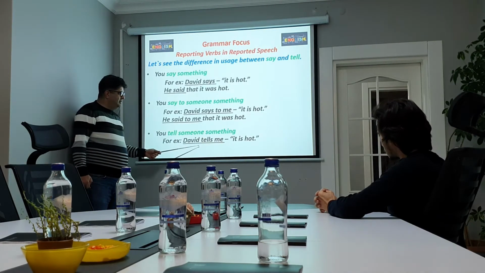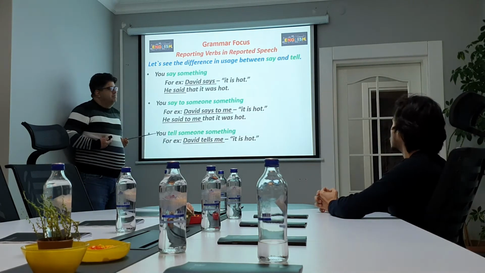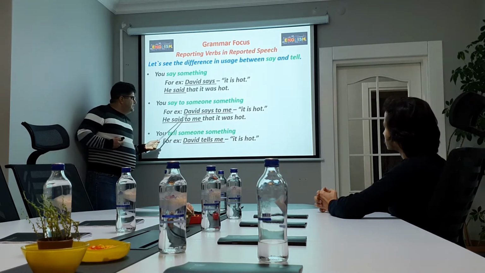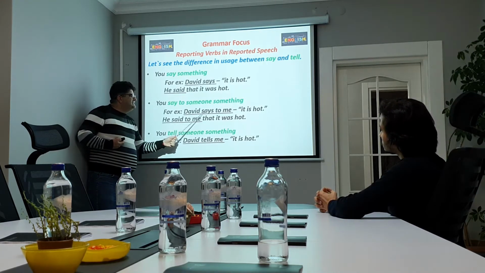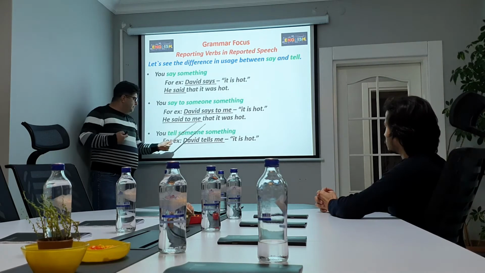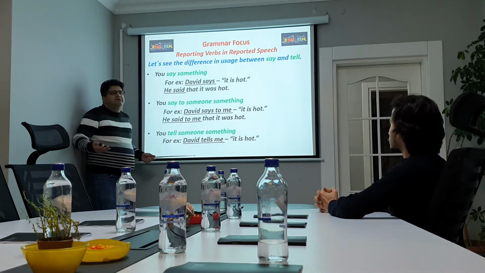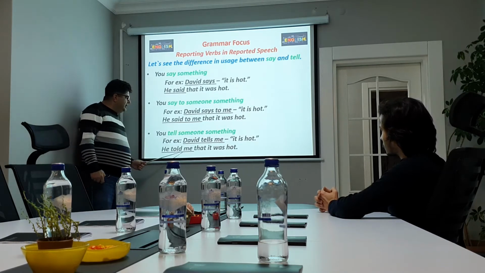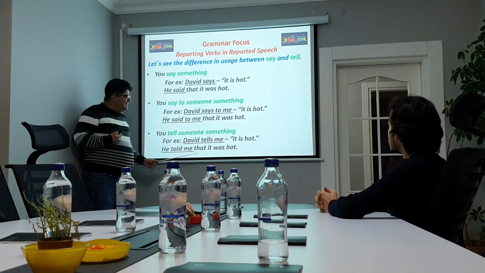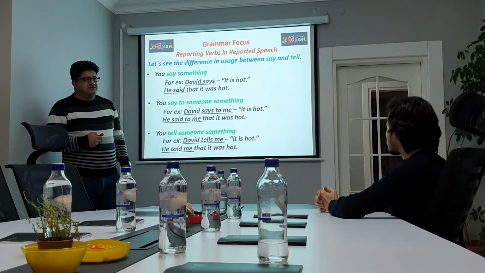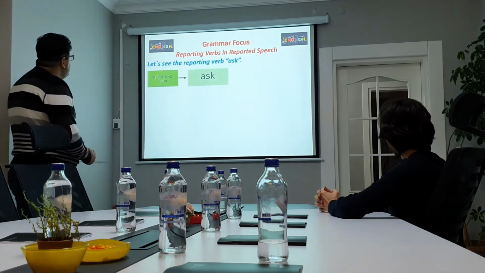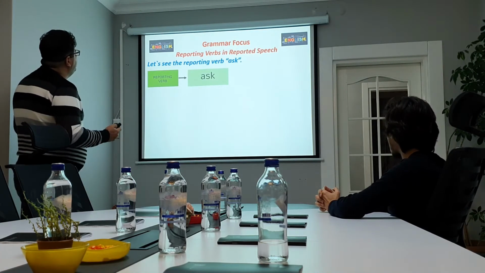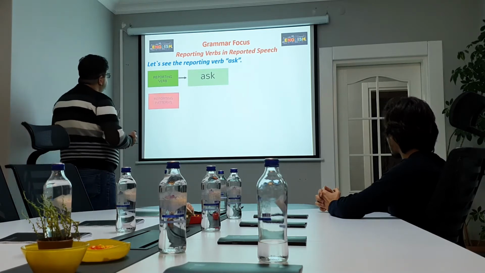David tells me it is hot. What is the difference? David says to me, but here, David tells me. It's hot. And in the indirect form, he told me that it was hot. So one past again.